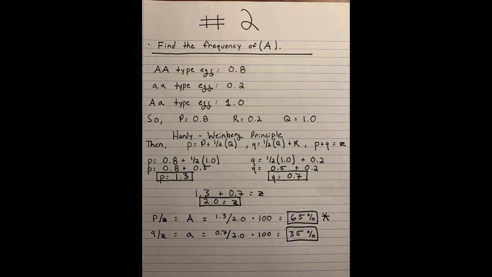We decided to look at this problem through the Hardy-Weinberg principle. So that means p equals P plus 1/2 Q, and q equals 1/2 Q plus R. And overall, p plus q equals the population as a whole.